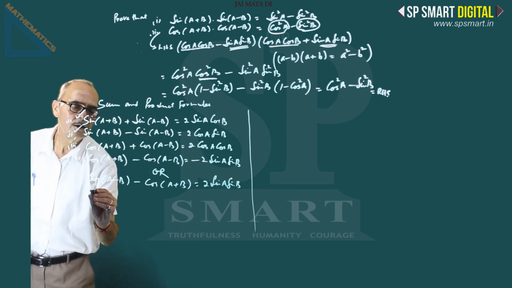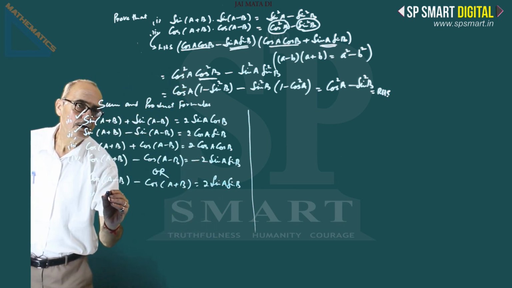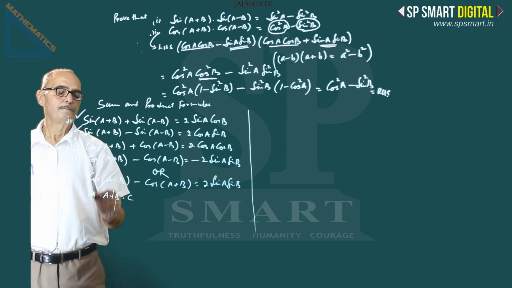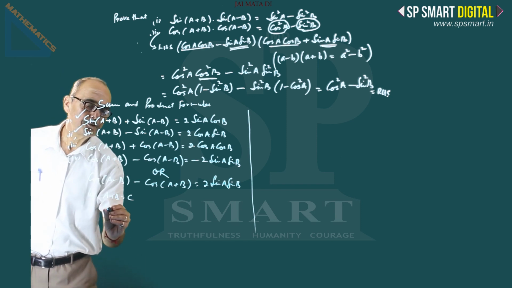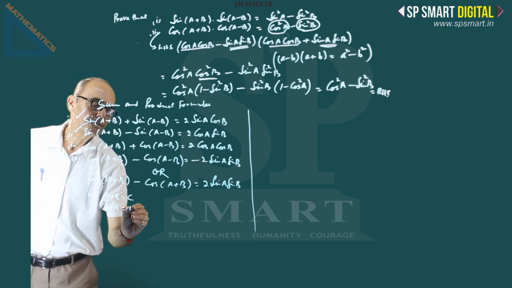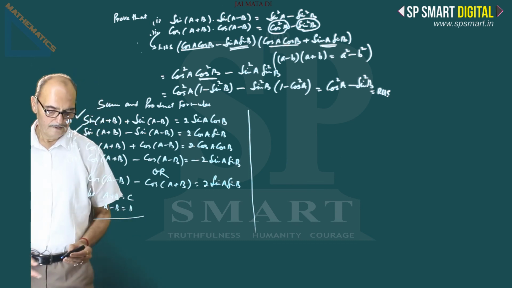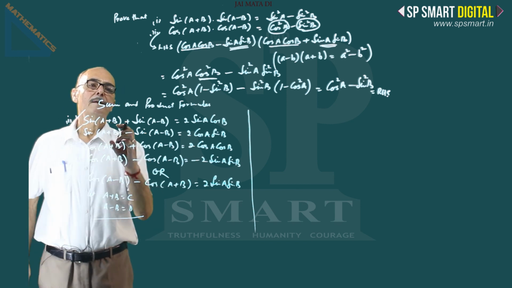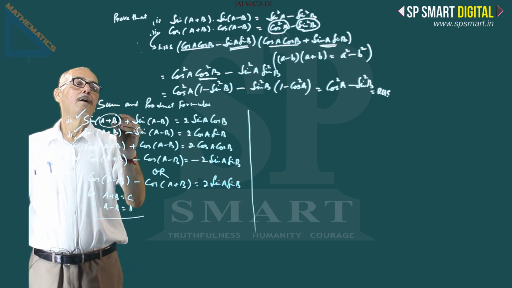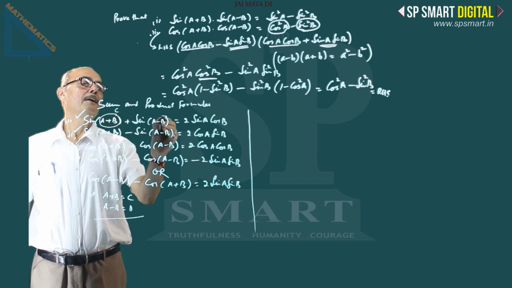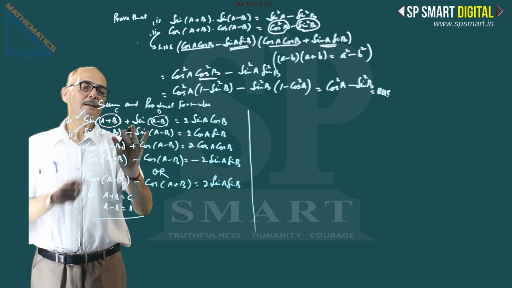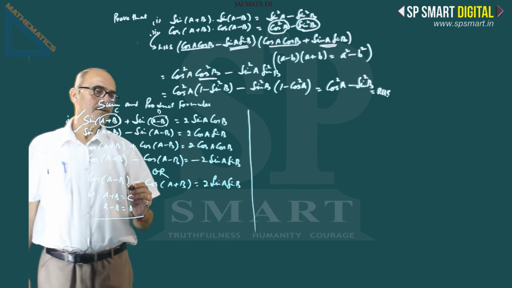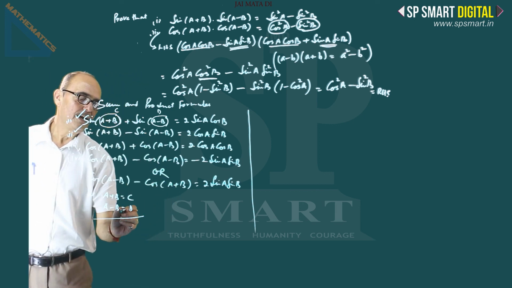So, let A plus B stand for angle C and A minus B stand for D. That means A plus B is represented by C, and A minus B by D in all the cases. So, we find the value of A and B separately, by adding.